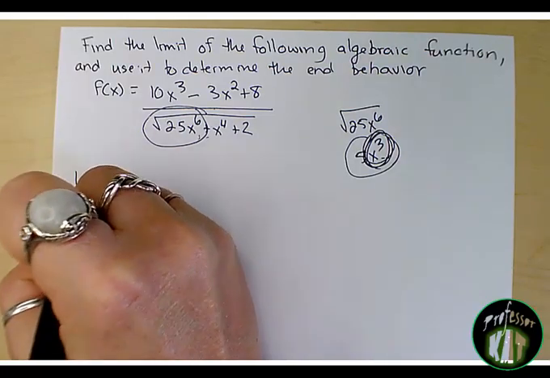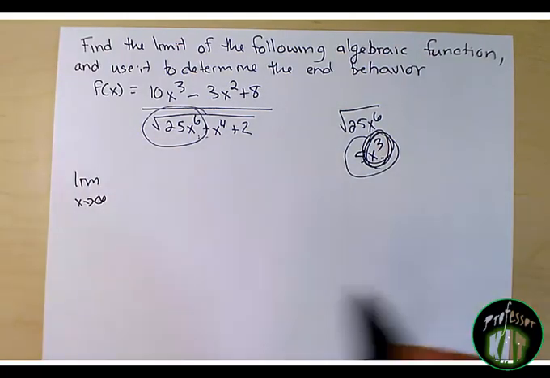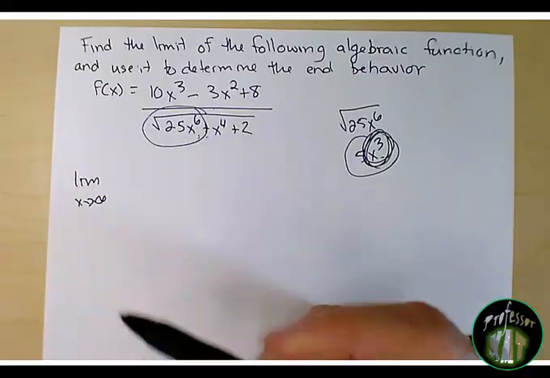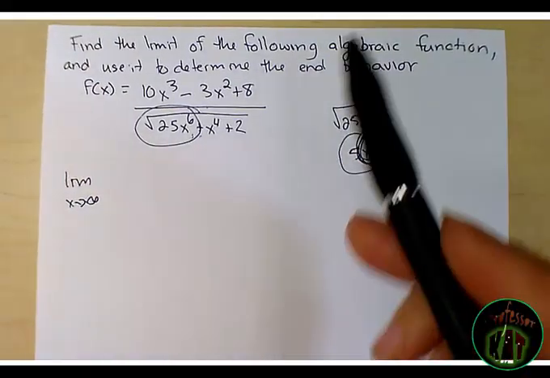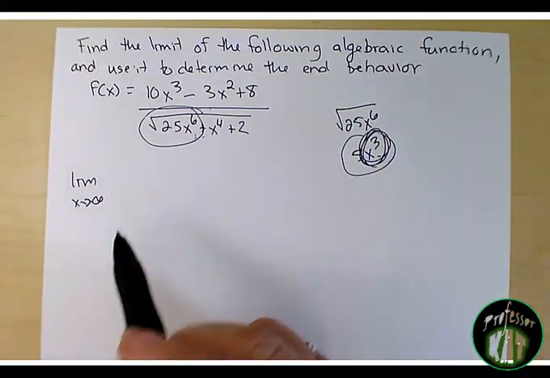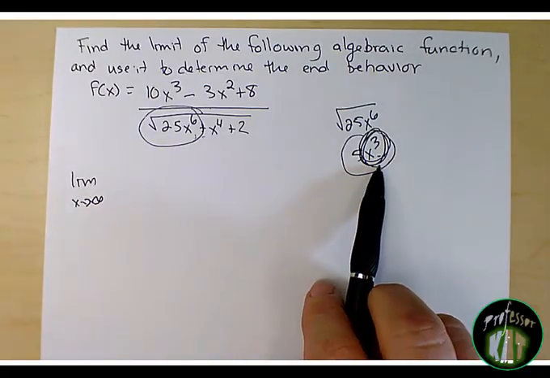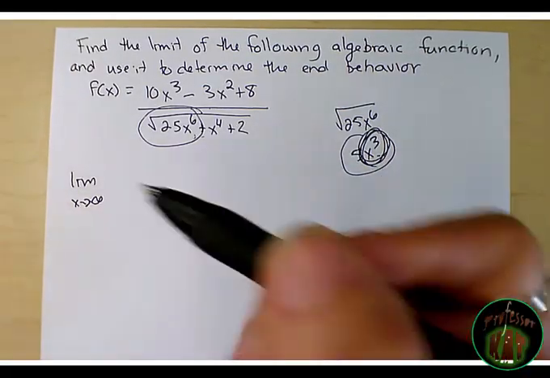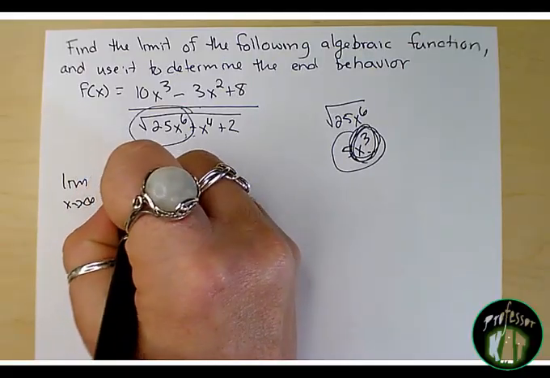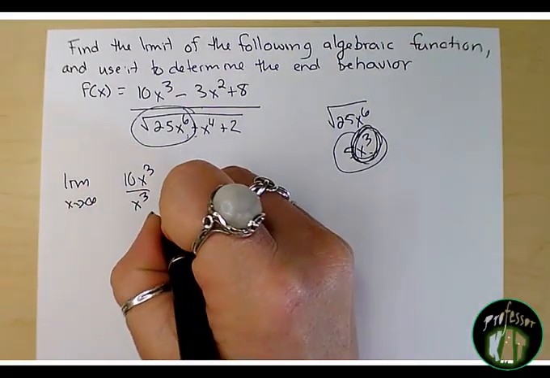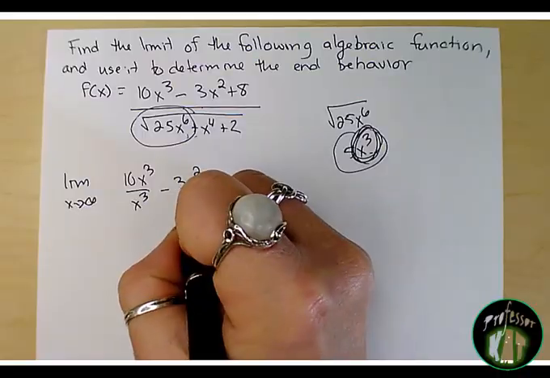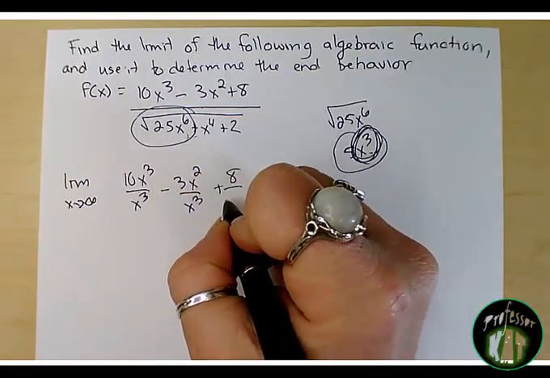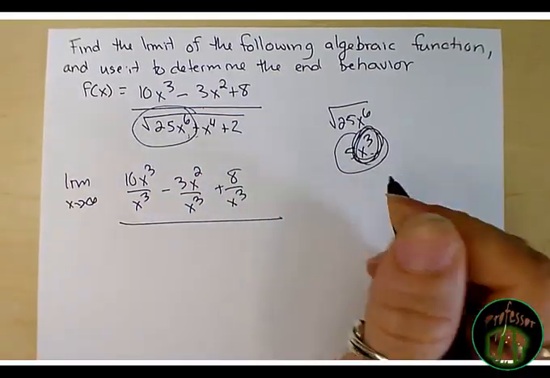So we are going to find the limit as x approaches positive infinity, and then we will find the limit as x approaches negative infinity of this. So the limit as x approaches positive infinity, we are going to divide everything by x cubed. So that's 10x squared divided by x cubed minus 3x squared divided by x cubed plus 8 over x cubed.